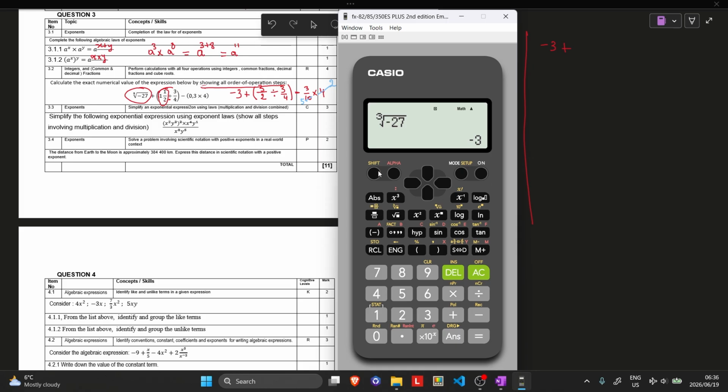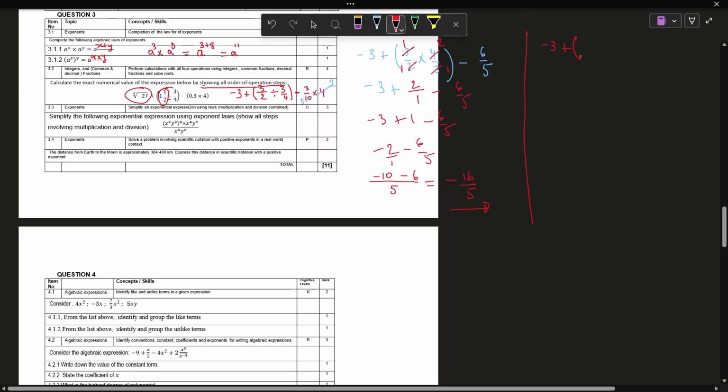Shift, we've got this. So if we got 1 here, and then we've got 1 and 2 at the bottom, what have we got? It is 3 over 2. So we open our bracket here. So this is 3 over 2.